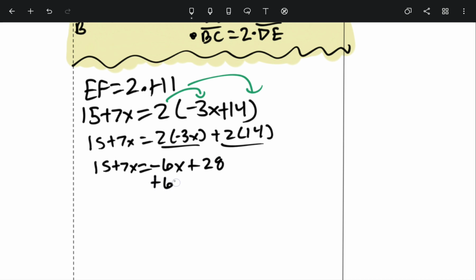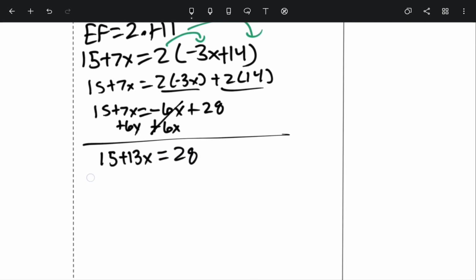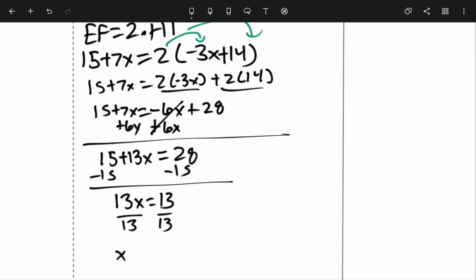Now I'm going to add 6x to both sides. That gives us 15 plus 13x equals 28. Now I'm going to subtract 15 from both sides. That gives us 13x equals 13. Divide both sides by 13. We get x equals 1.